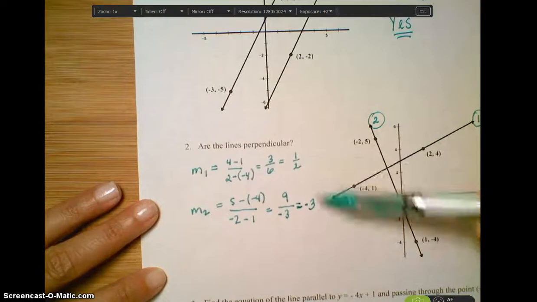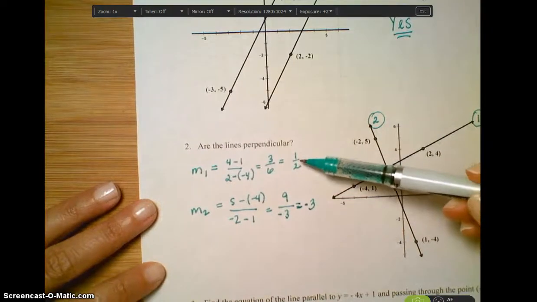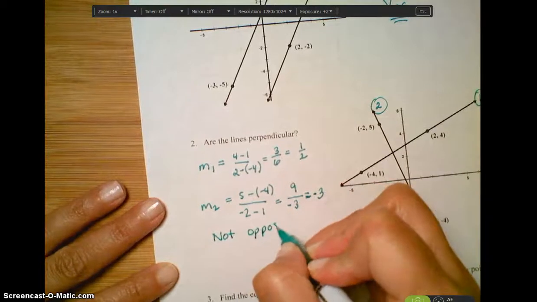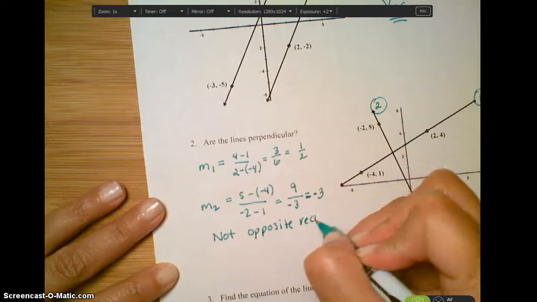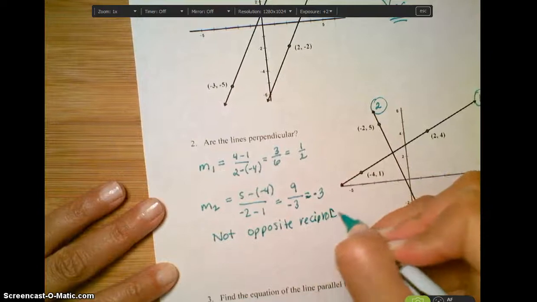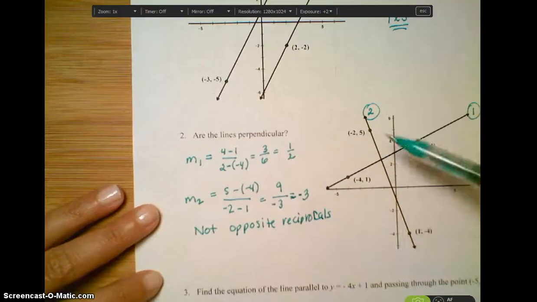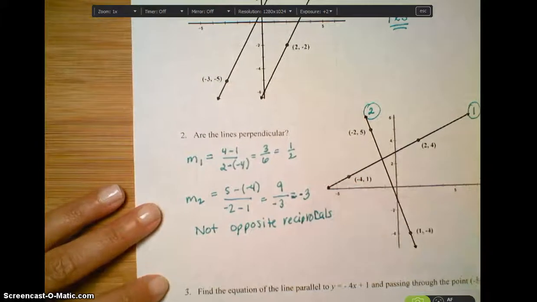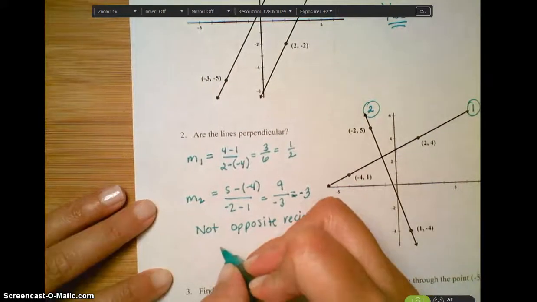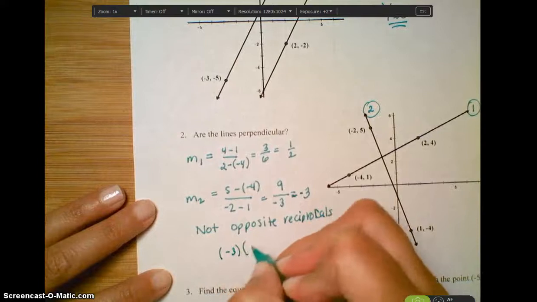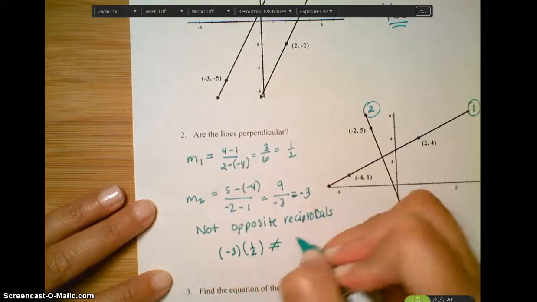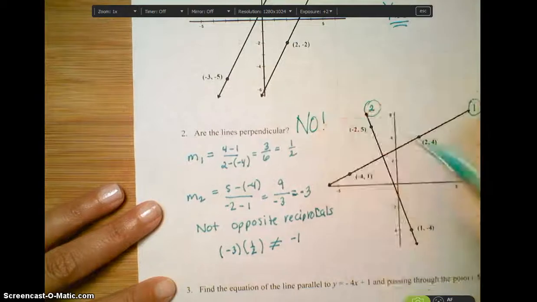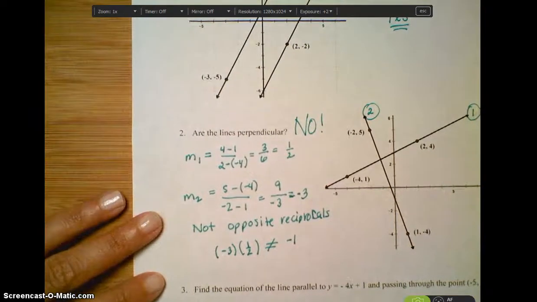Just by looking at those two numbers, I can tell they are not opposite reciprocals. Also, if you follow your book's rule and multiply those two numbers together, we definitely do not get -1. -3 times 1/2 does not equal -1. So are they perpendicular? The answer is a resounding no.